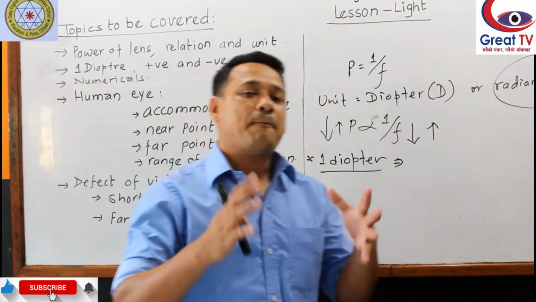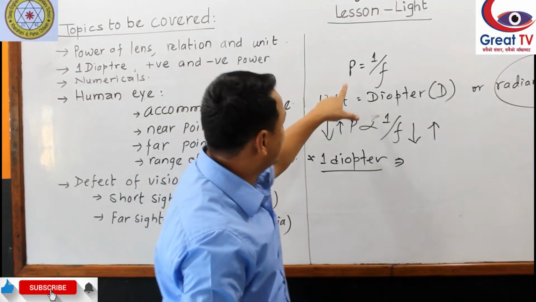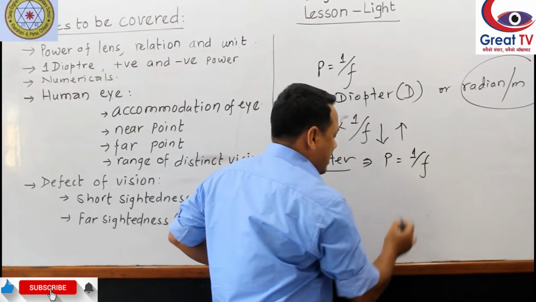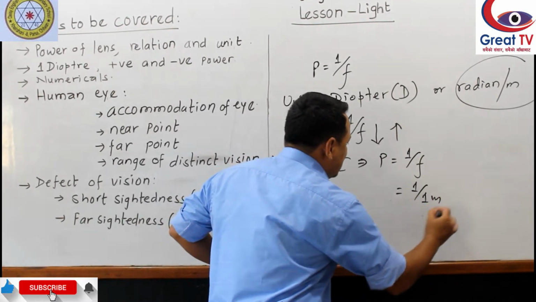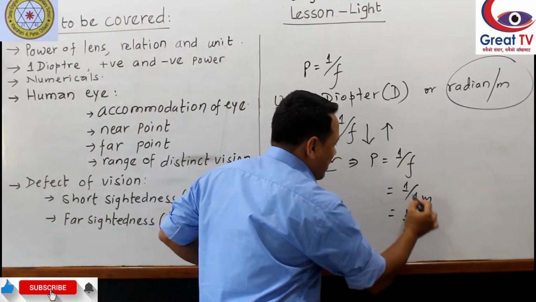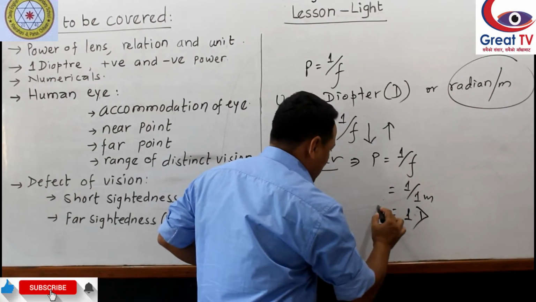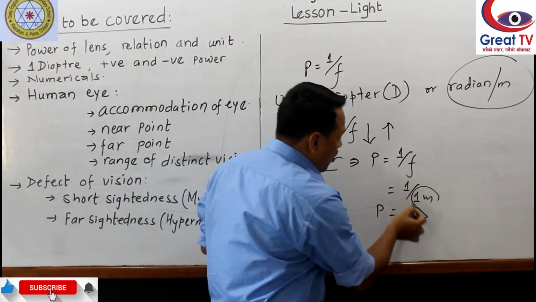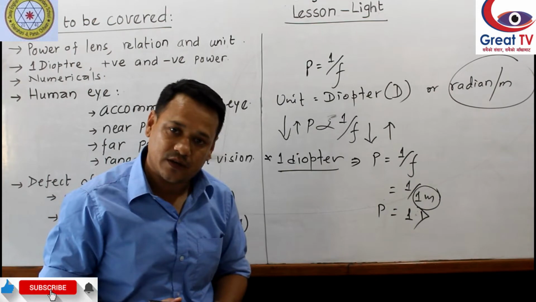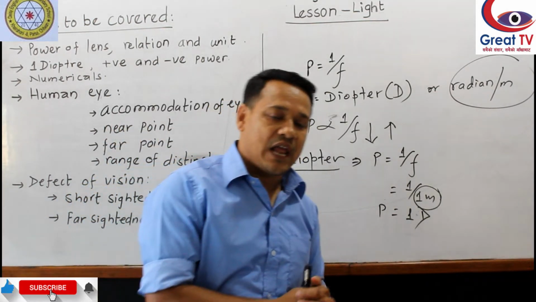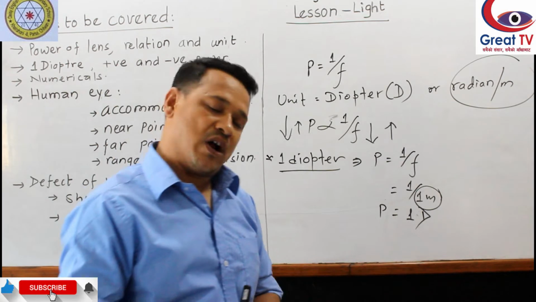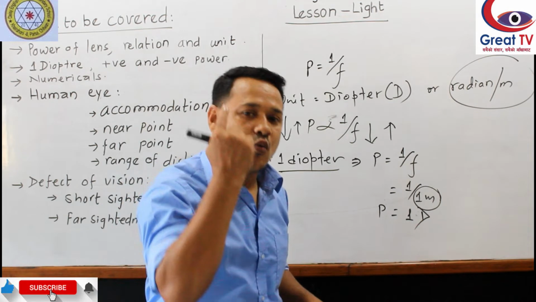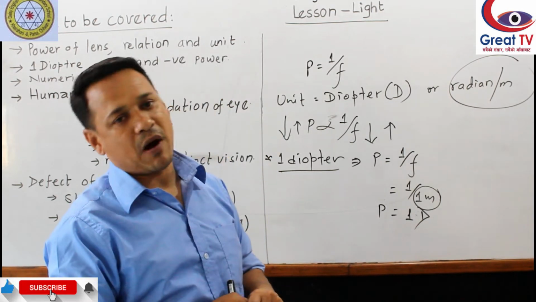One diopter means the power of a lens having focal length 1 meter, because the formula is P equals 1 by F. If focal length is 1 meter, then it is 1 by 1, which is 1, so it will be 1 diopter. That's why we say the power of a lens having focal length 1 meter is called 1 diopter. Did you understand?